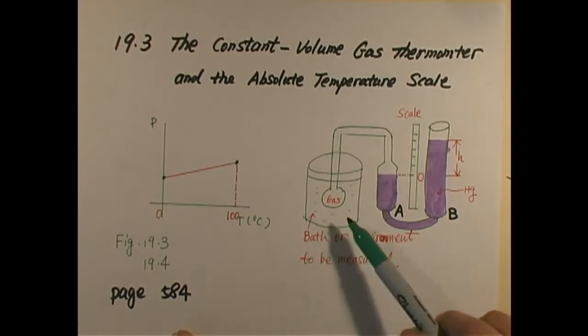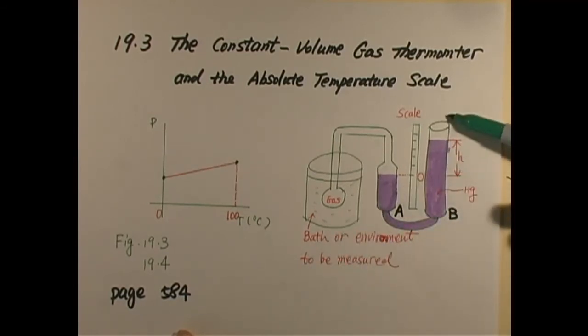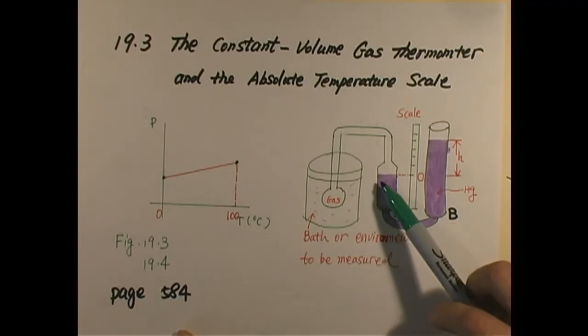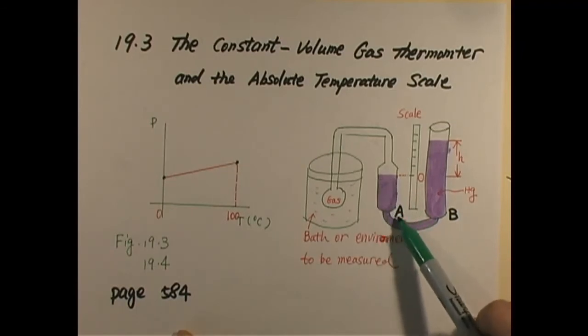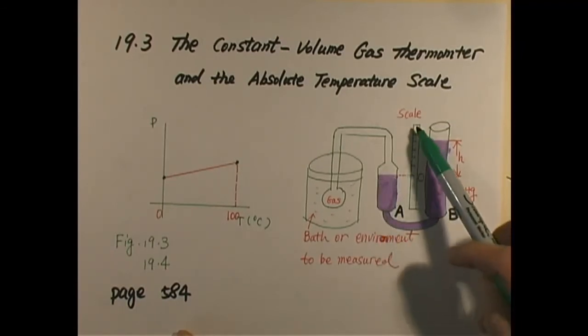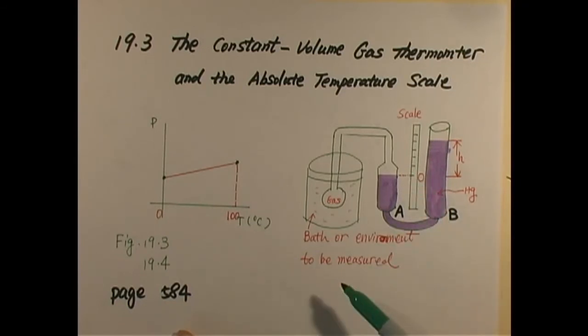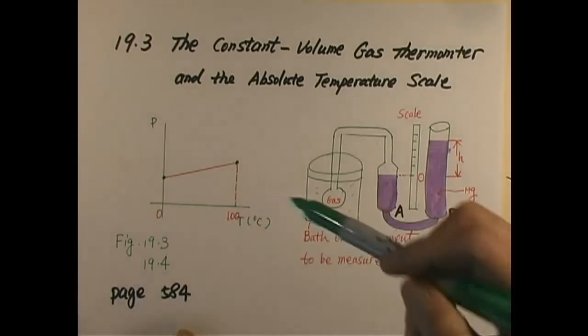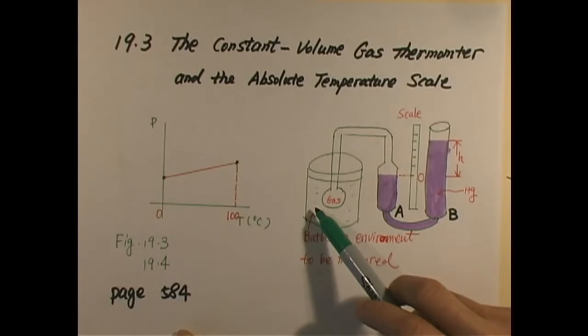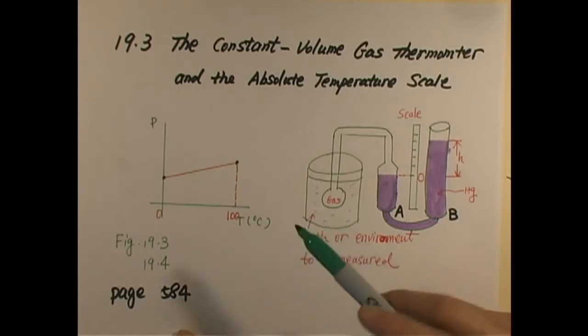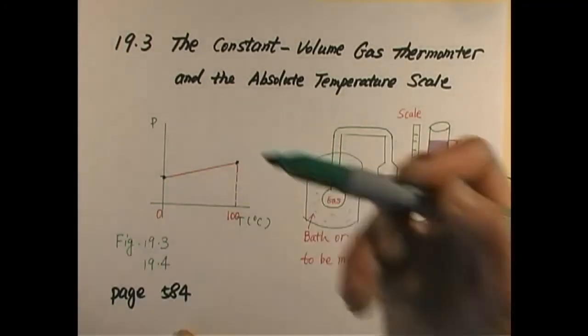Now imagine that we raise or lower the reservoir B until the level of column A lines up with this scale at 0. And at this moment, because the bath is filled with ice water mixture, we define that as 0 degrees Celsius right here.